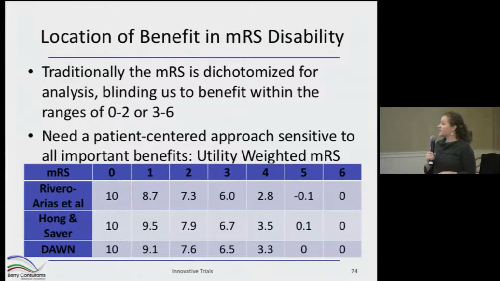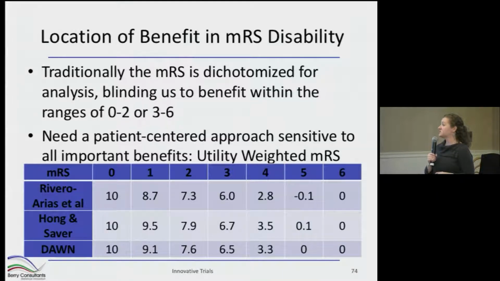There were a couple of papers in the literature that had proposed utility-weighted scores. So these top 2 rows in the table show some utility weights that had been proposed. So for example, these were on a scale from 0 to 10. So a utility of 0 is no benefit to the patient. A utility of 10 is a good benefit.